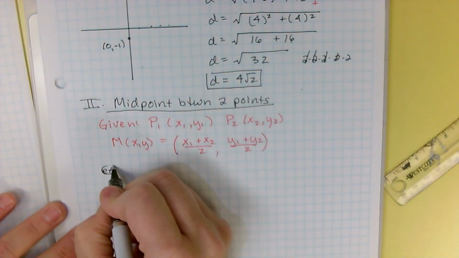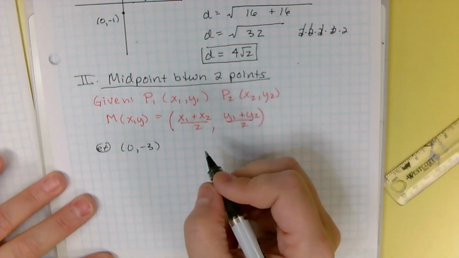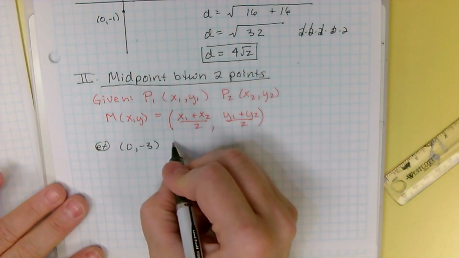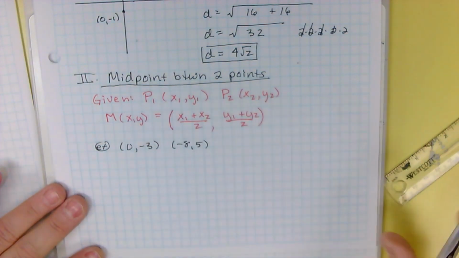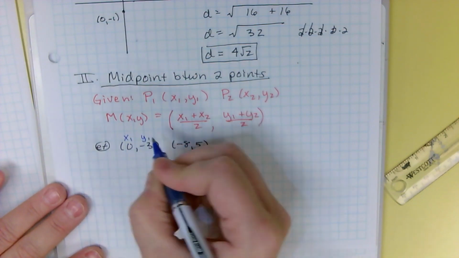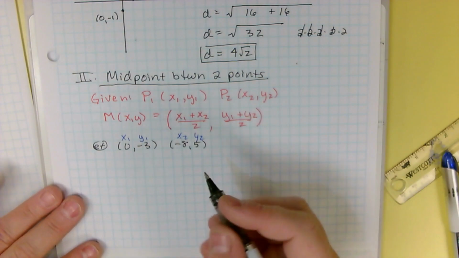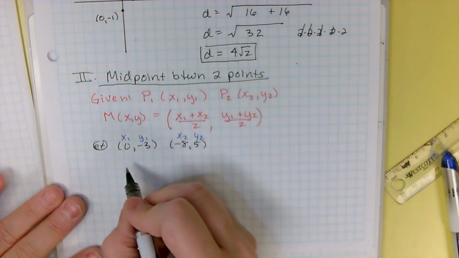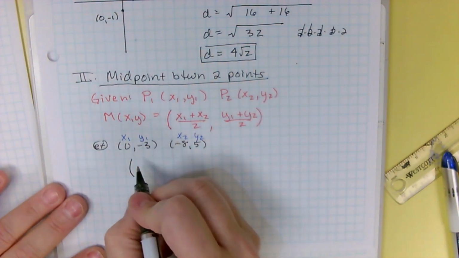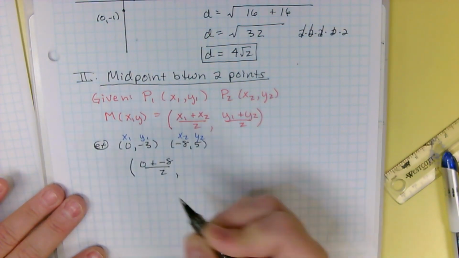All right, let's do an example. Let's say you're given the point 0, -3, and you're given the point -8, 5. So start by designating your points, x1, y1, x2, y2, and then we put them into the formula. So average of the x's, so 0 plus a -8 divided by 2.